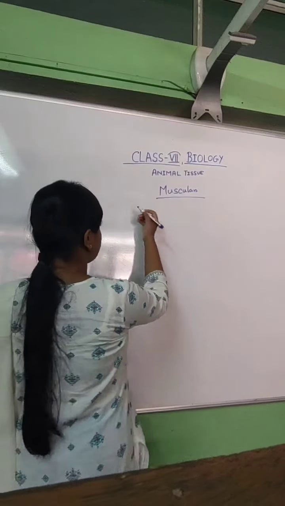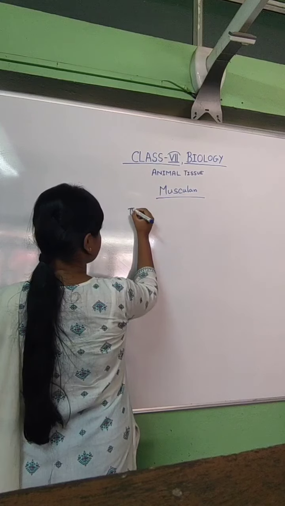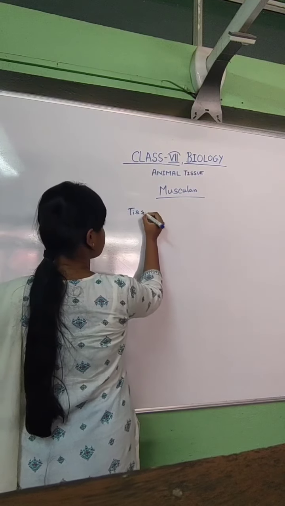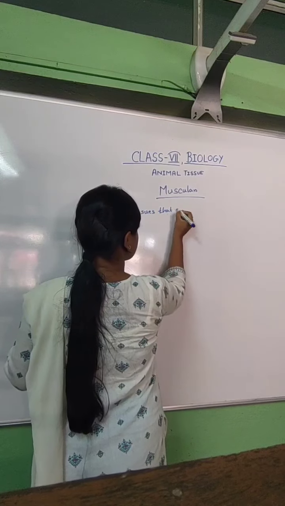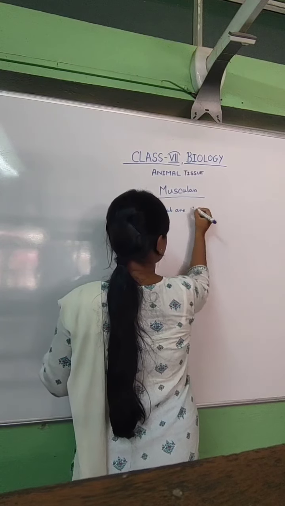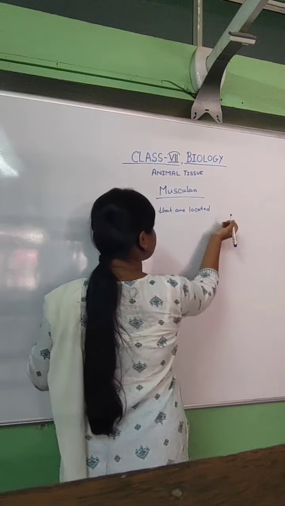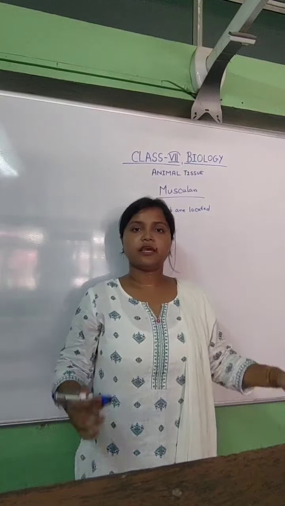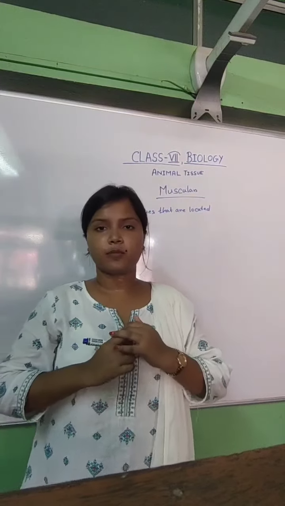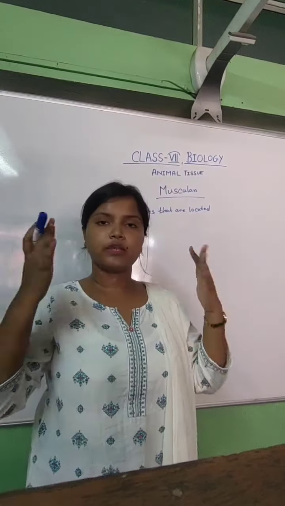Muscle tissues are tissues that are located all over our body, because movement occurs in all parts. If there is no problem or damage, movement occurs in every part.